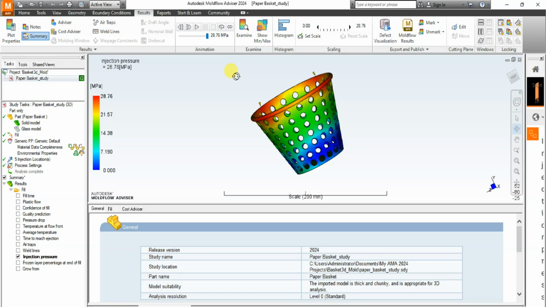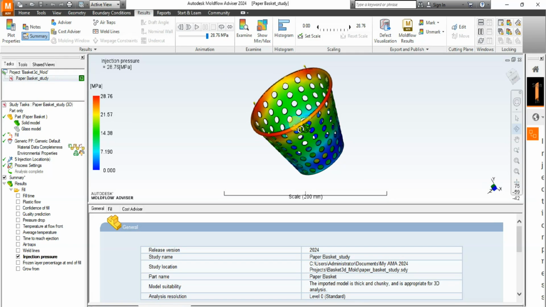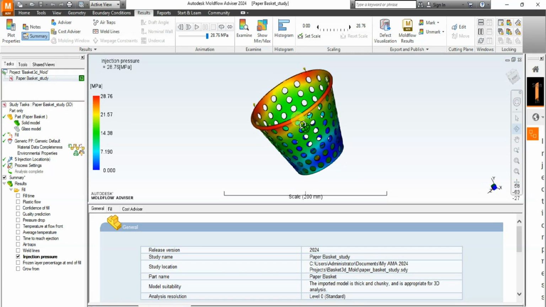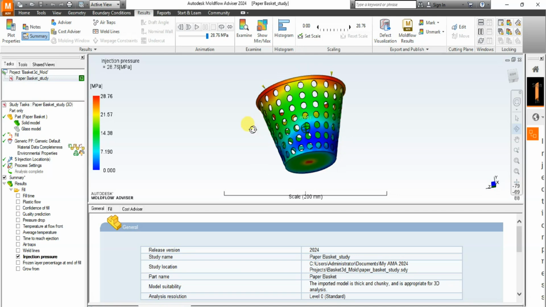A complex and thin geometry can cause filling difficulties and require high injection pressure. You should take note of that. You can also select a different material with lower viscosity, which requires less injection pressure to fill the mold. Additionally, you can increase the melt temperature to reduce the viscosity. Ultimately, this reduces the injection pressure the process requires to fill the mold.